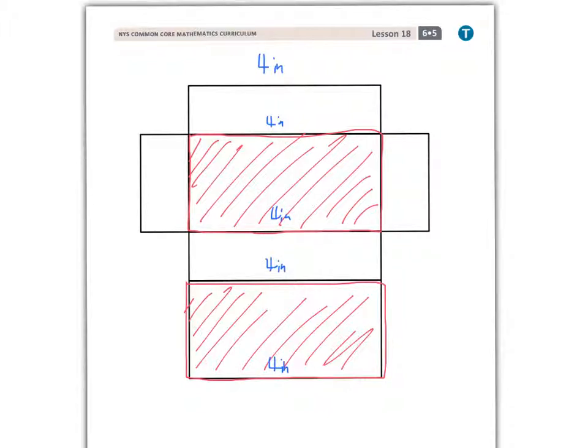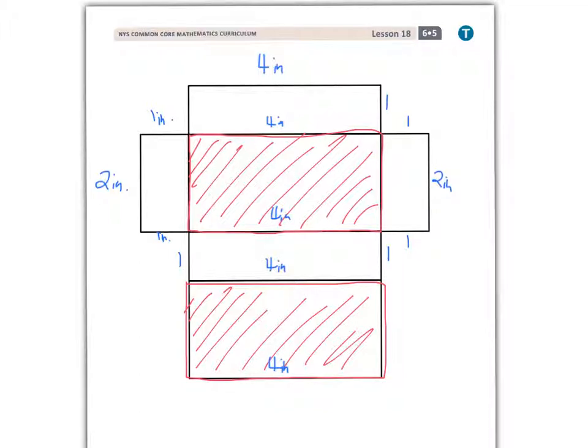Then if you measured these right here, this would be 2 inches. This one's also 2 inches. And when you measured all these short little lengths right here, you find that they're all 1 inch.